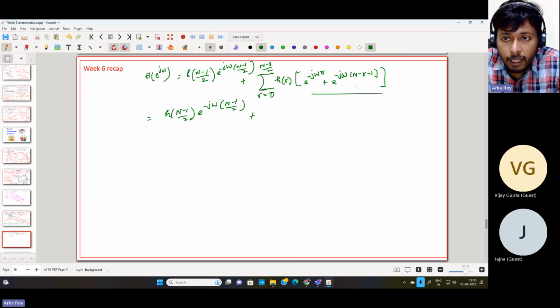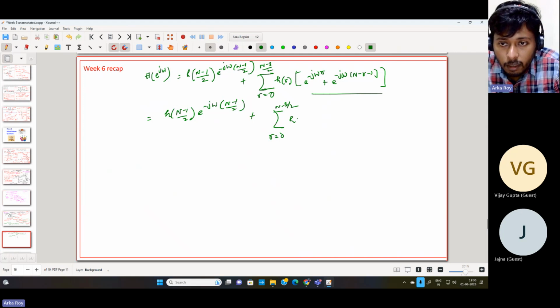And we can take some representation with r running up to n minus 3 by 2. So we can take some factor out. That factor could be e to the power minus j omega (n minus 1 by 2 minus r) plus e to the power j omega (n minus 1 by 2 minus r). And we can just multiply over here e to the power minus j omega n minus 1 divided by 2.